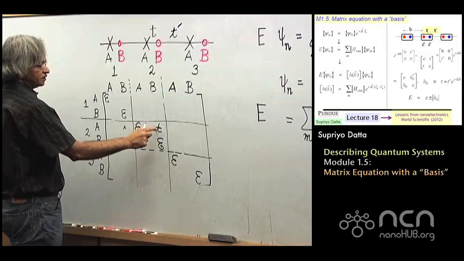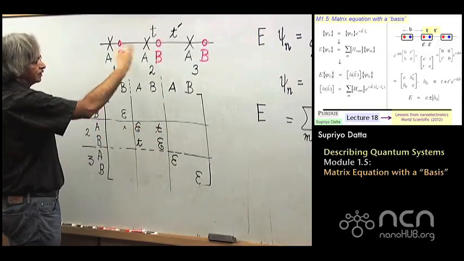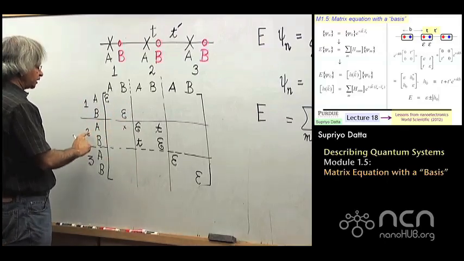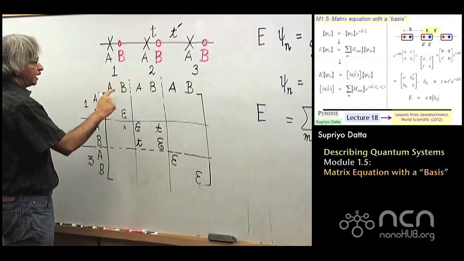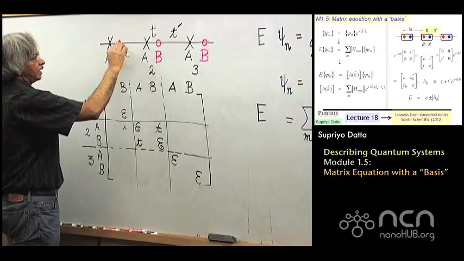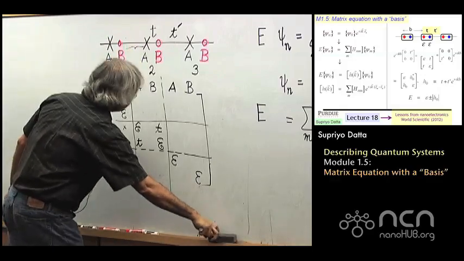Okay. Now, what about, let's say, this point? You know, this is epsilon, T, and this is on this side. And you see, if this was an ordinary 1D thing, I'd have just put T there. But now you have to be careful, because we are talking about the connection between 2A and 1B. So that's the weak connection, the one that's different from the other one.